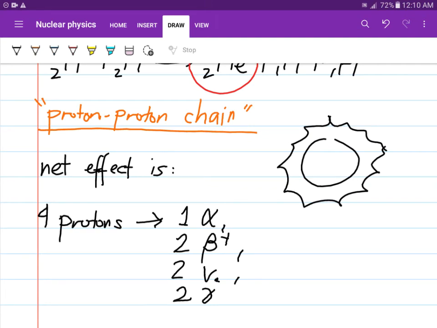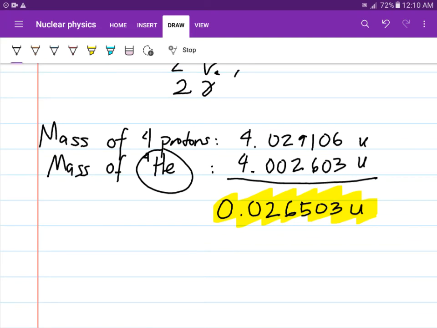Together with the release of neutrinos and gamma rays, there is an additional effect. If you multiply this mass by c squared, you would get energy.